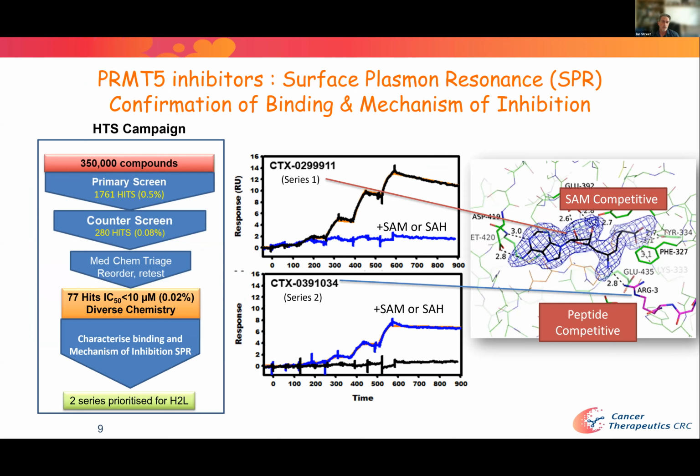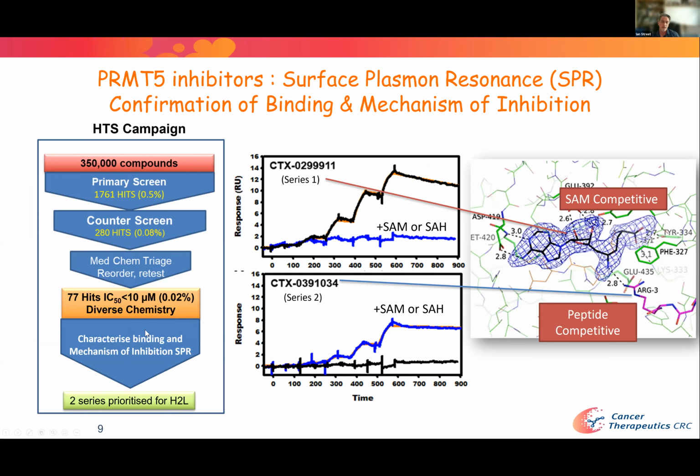And to cut a long story short, we went through the process of triaging all the hits, and we ended up prioritizing two different chemical series, two different chemical scaffolds, if you like, to go into lead generation.